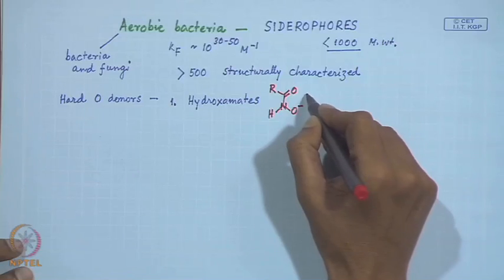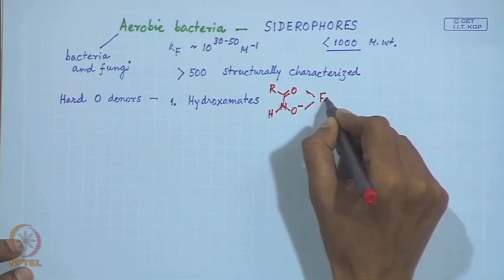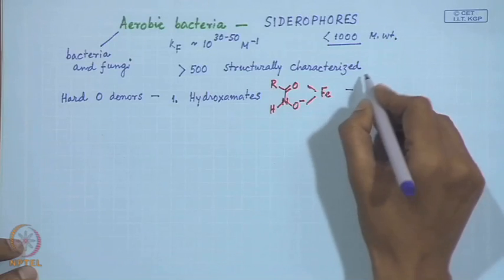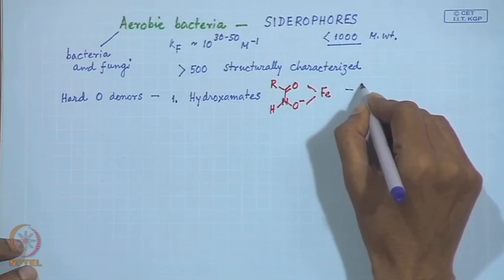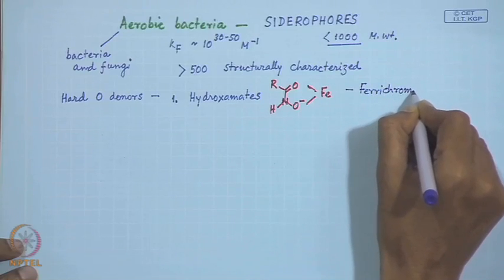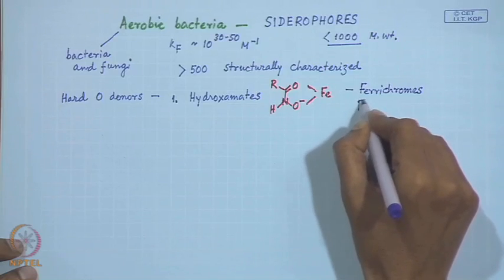So when these two groups are binding to iron, you get an OO donor bidentate part. All these molecules are very beautiful because they provide very good organic ligands to bind your iron. Those hydroxamate molecules which have been characterized are ferrichromes and ferrioxamines.